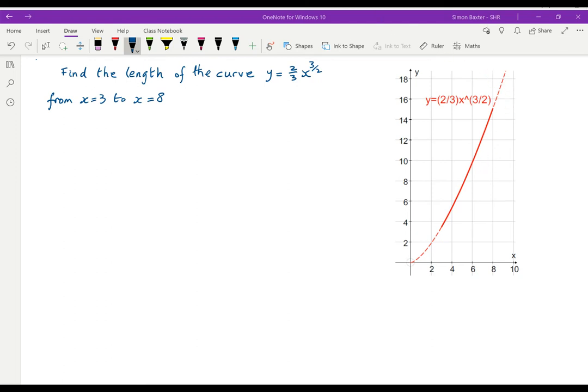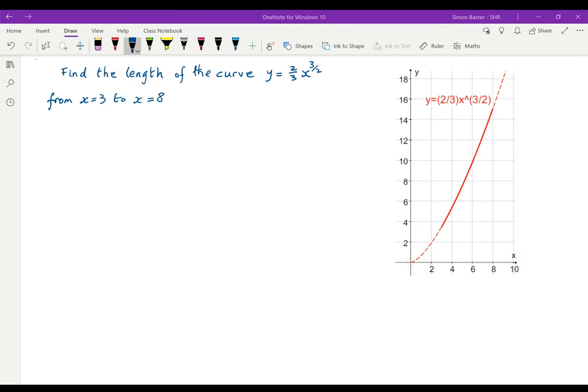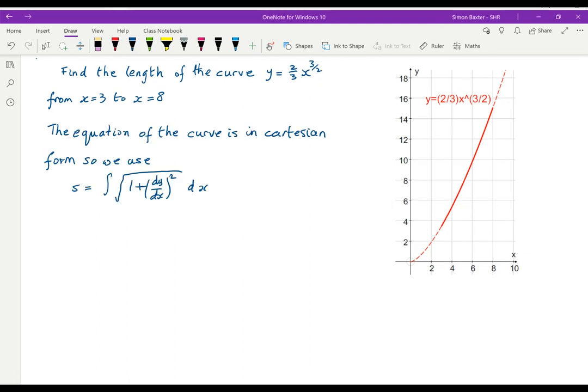Well, here we're given a Cartesian equation in terms of y, so we're looking for the formula integral root 1 plus (dy by dx) squared dx. y is equal to 2/3 x to the 3 over 2, and therefore dy by dx is equal to 2/3 times 3 over 2 times x to the half, which is just equal to x to the half.